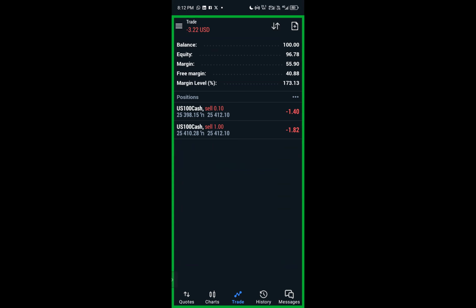I want to keep my loss at $10 maximum. So with that kind of stop loss, 14 pips, it means that you can keep it at a 0.6. That is $6 per pip.